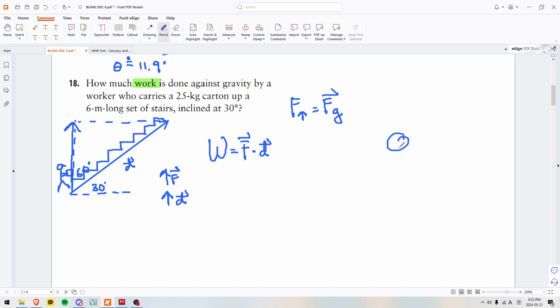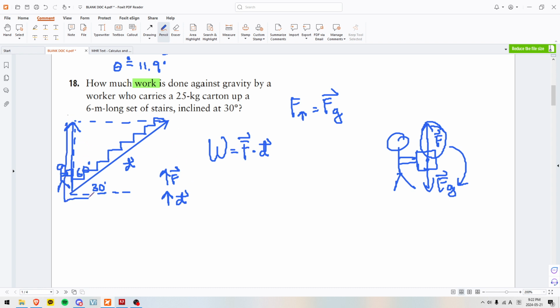However, consider if someone is carrying a box, right, is this box falling to the ground? No. Force of gravity is there, but it's not falling to the ground because your biceps are applying an equal but opposite force to fight that gravity. Which means you are applying this force equal to the force of gravity, and that will be a dot product with the distance that you travel, so that I know how much work I am doing in the vertical direction.